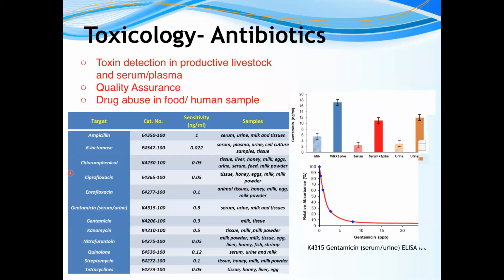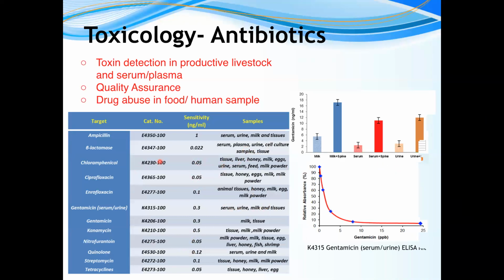Most of these ELISA kits are validated on different sample types. As you can see here, we offer a standard curve, and they have a very low sensitivity. These ELISA kits can be used for different types of biological samples like serum, urine, tissue, plasma.